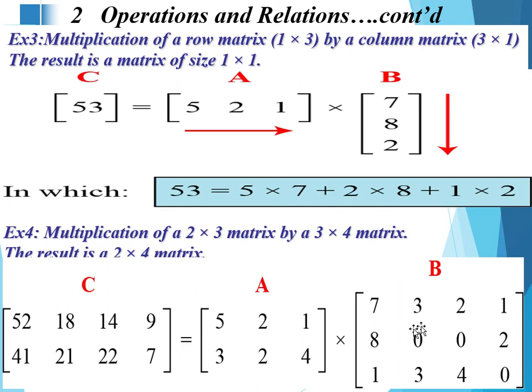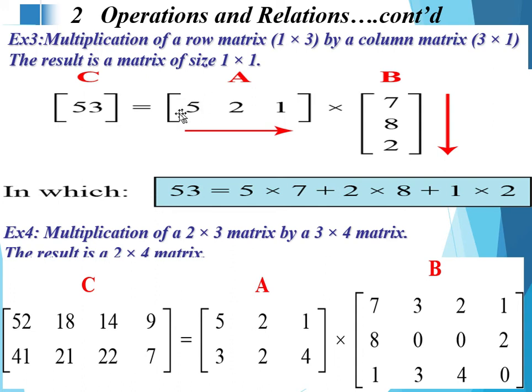Then first row, second column, the result is 18. Next, first row, third column, the result is 14. Similarly, first row with fourth column, we got the result 9.